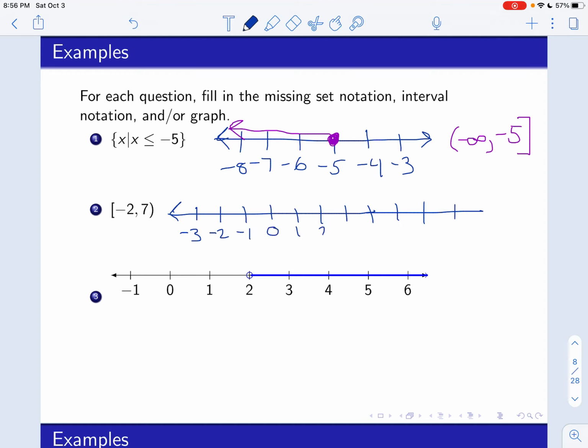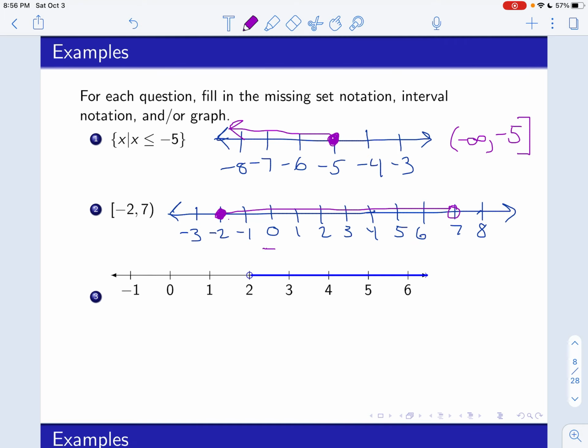So here comes my number line. And when I graph it, it needs to start at negative 2 and include negative 2, and it needs to go up to 7 but not include 7. So I want all these numbers in between negative 2 and 7, including negative 2 but not including 7.